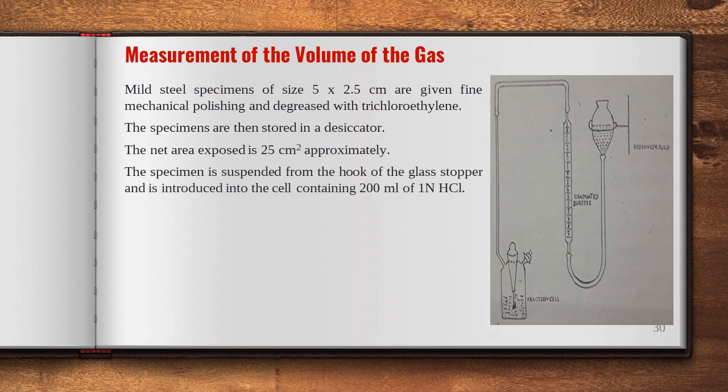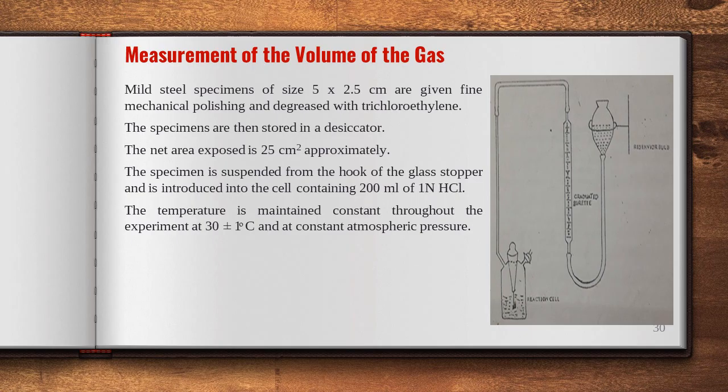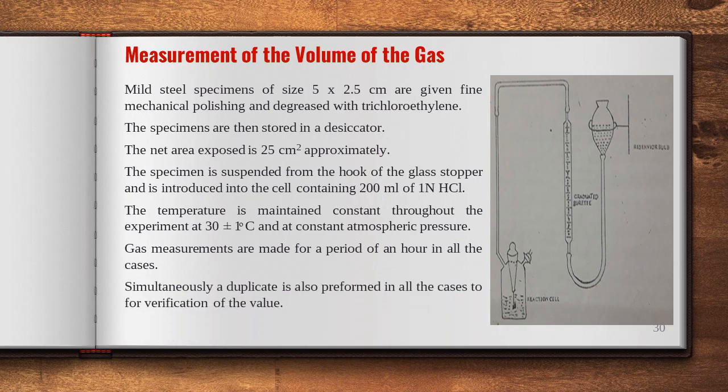The specimen is suspended from the hook of the glass stopper and is introduced into the cell containing 200 ml of 1N hydrochloric acid. The temperature is maintained constant throughout the experiment at 30 degrees centigrade and at constant atmospheric pressure. Gas measurements are made for a period of an hour in all the cases. Simultaneously, a duplicate is also performed in all the cases for verification of the value.